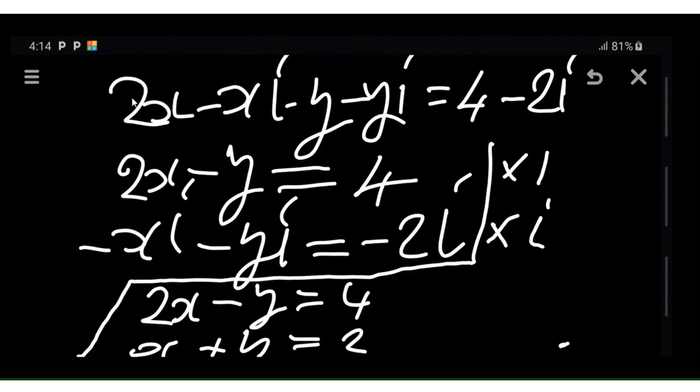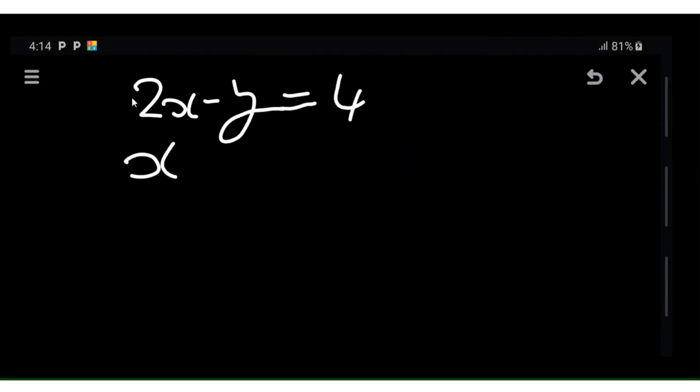That's what we have there. Let me write it in a good way now. So I said 2x minus y is equal to 4, and x plus y is equal to 2.